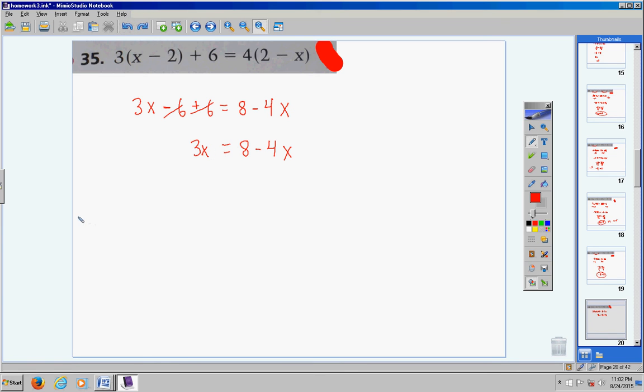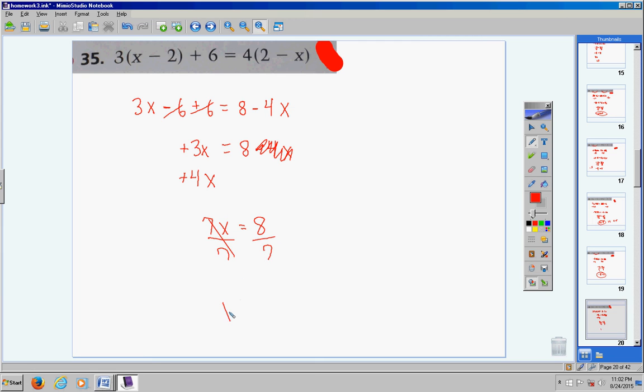Now, the next step, let's get our variable terms on one side and our constant terms on the other. Bring your negative 4x over and make it a positive 4x. So I'm left with 7x, positive 3, positive 4. 7x equals 8. Divide both sides by 7.